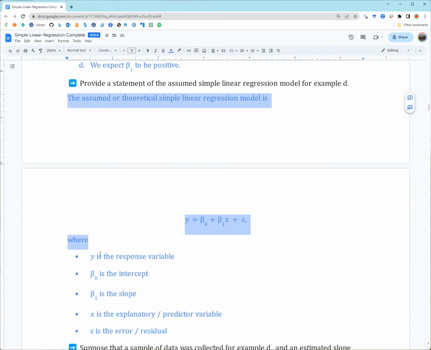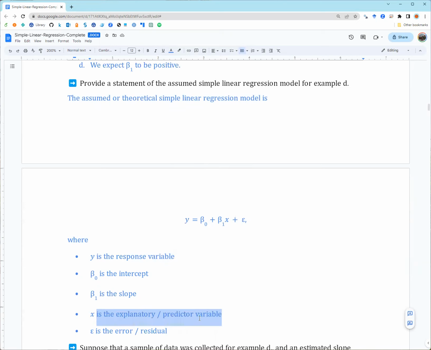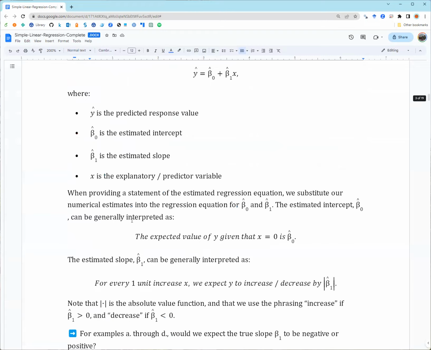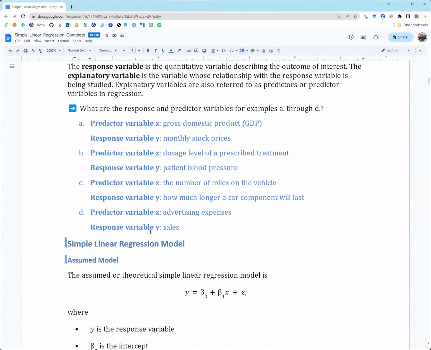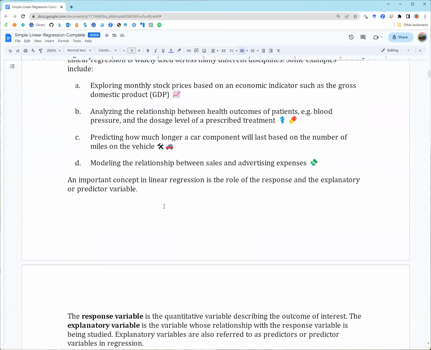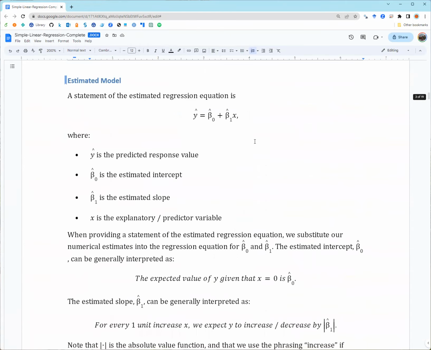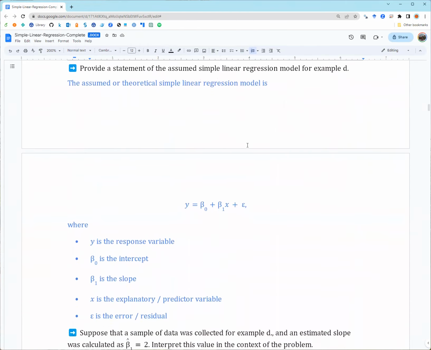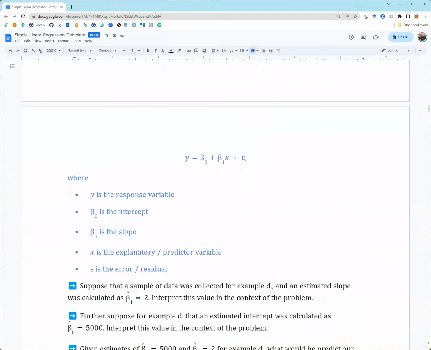What will change is the definition of the response variable and the predictor variable for the given context. Okay. So for D, example D, the context is that we're looking at sales numbers and advertising expenses. And we said that advertising expenses was our explanatory or predictor variable.